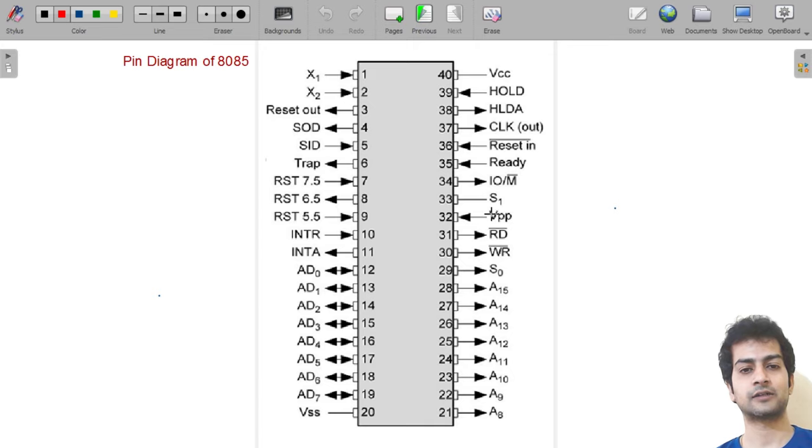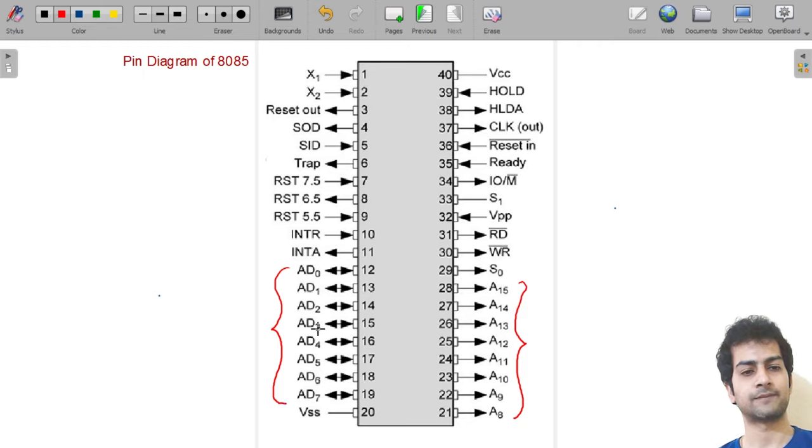So let's start. The first group which I have formed is that first we will discuss the address bus, that is A15 to A8, that is pin number 28 to 21. Along with it, we will discuss this address cum data bus.